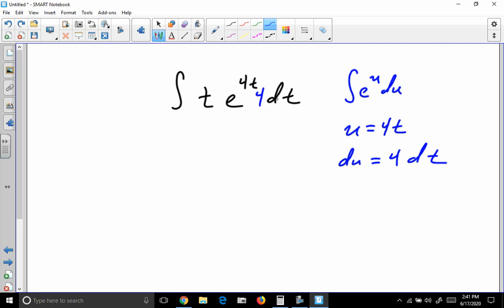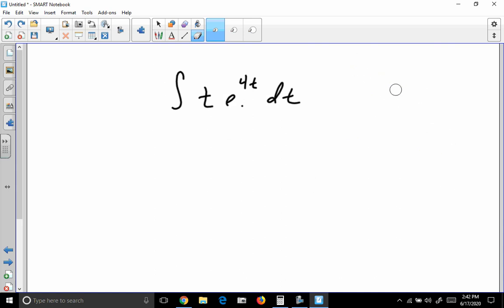We could make that 4 dt, but we have this t that's extra out front. What would we do with that t? We don't really have a good answer, because we can't just move a variable out in front of the integral. Constants, yes. Variables, no. So we're going to have to do this by parts.